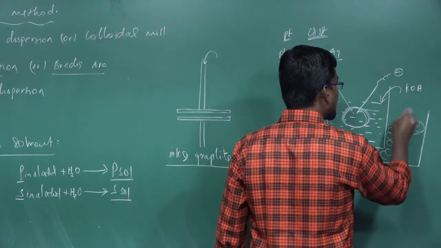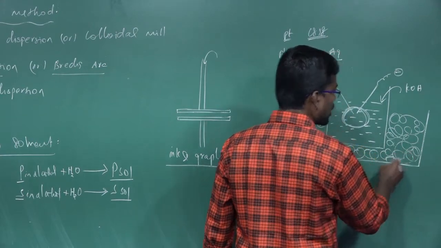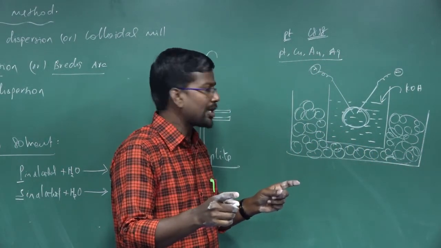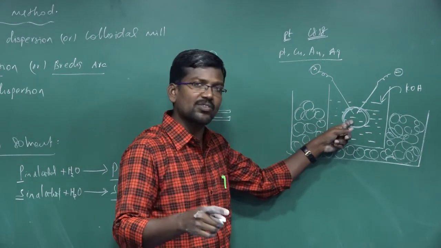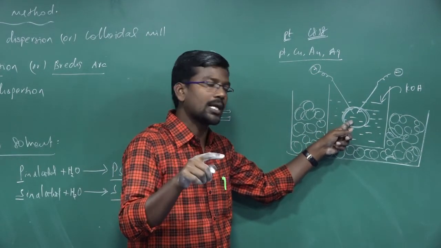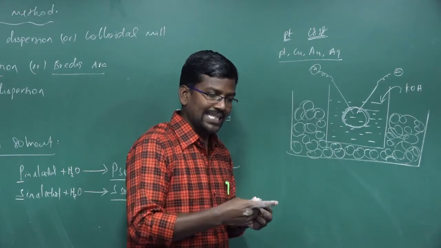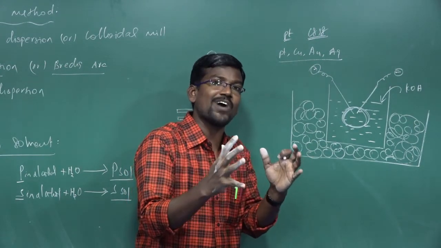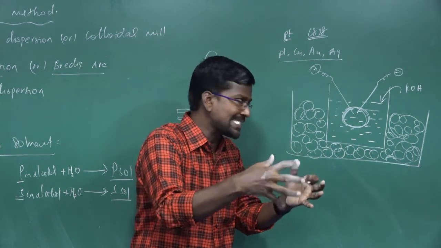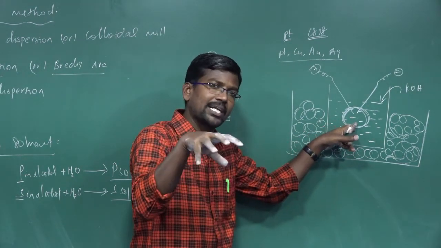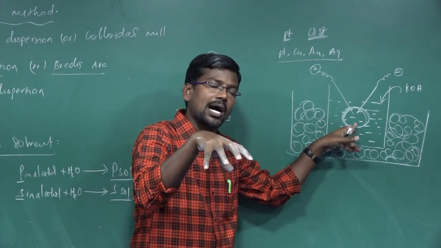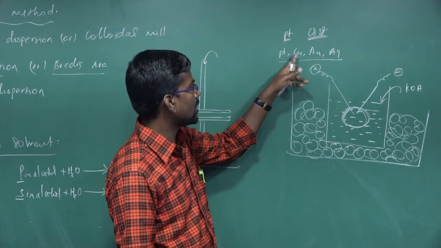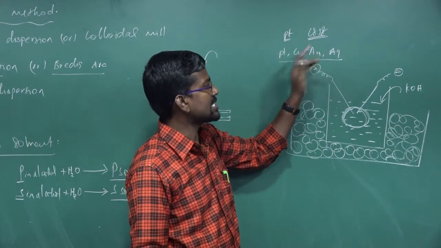When the arc is struck with the metal electrode, the intense heat causes the vapor of the metal to condense in the water, and then condense to form the respective colloidal solution: platinum solution, copper solution, gold solution, silver solution.